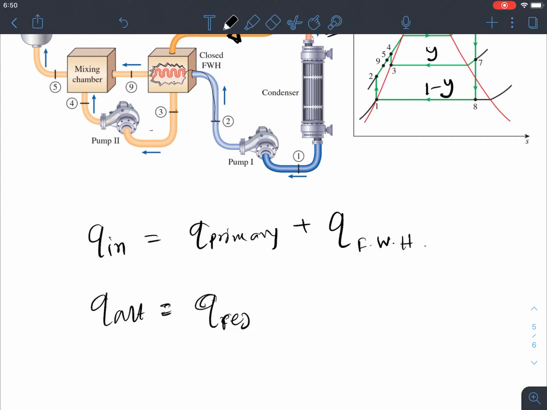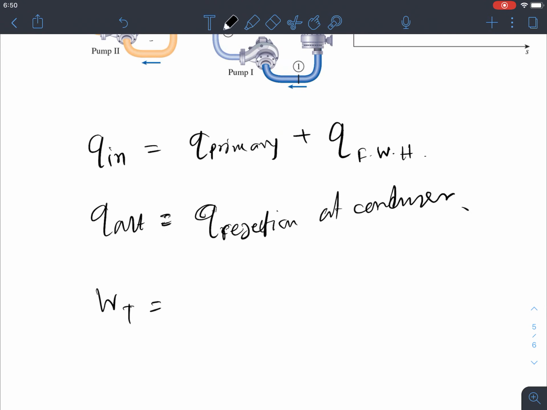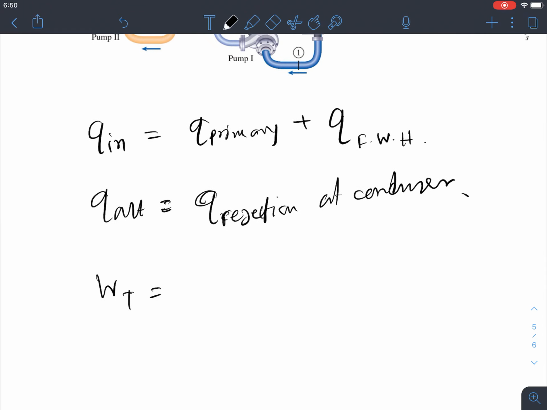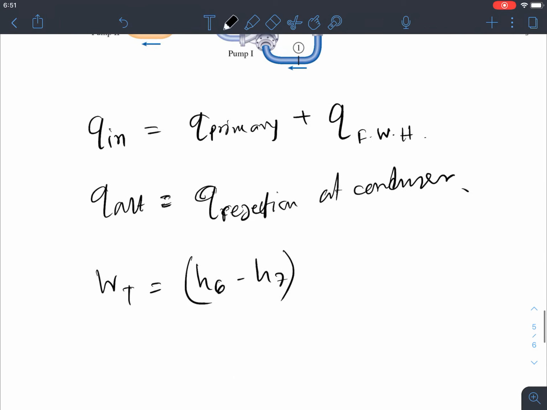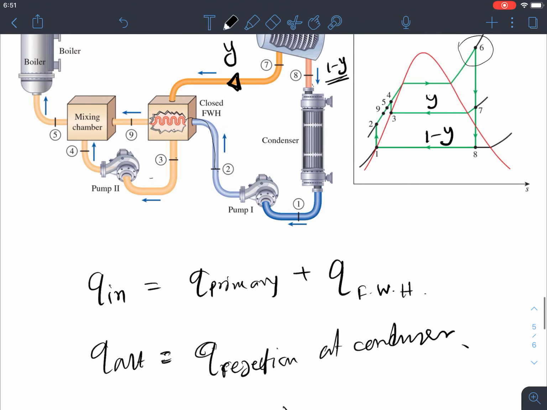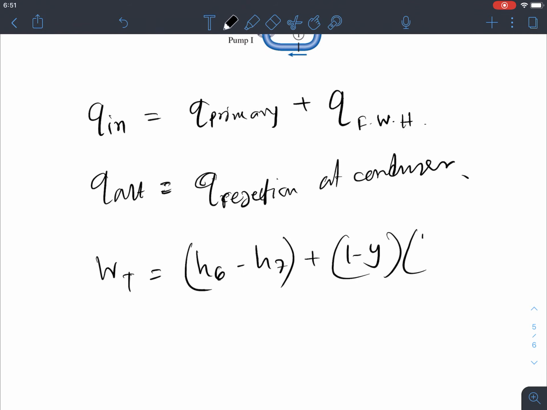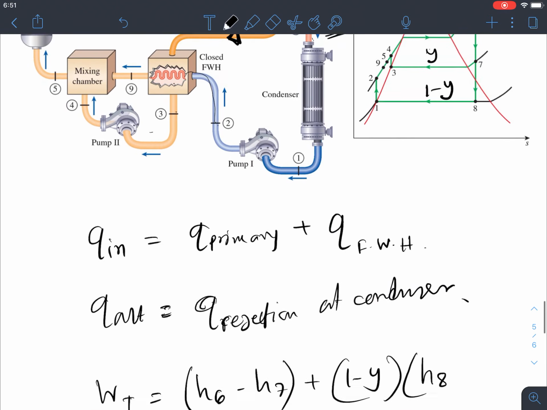Q rejection at the condenser, right? And then the turbine work is simply happening here: H6 minus H7, plus H8 minus H7.